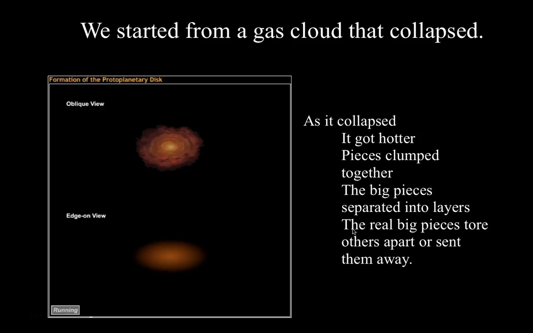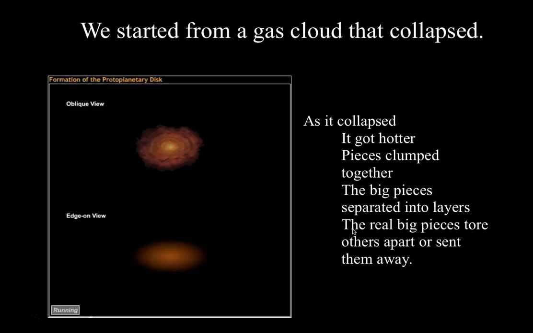I also showed you the evidence for it being a natural phenomenon, namely that there are lots of pictures that we've taken showing that other stellar systems have these solar nebula disks.